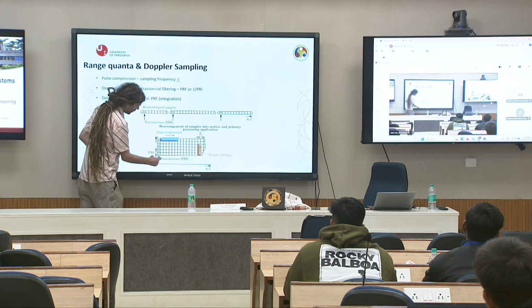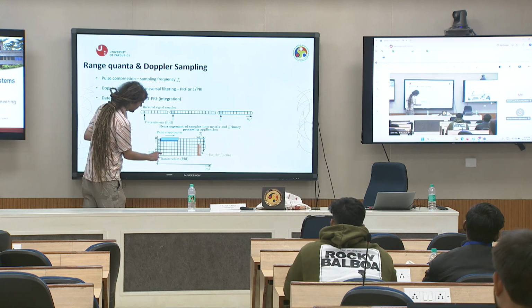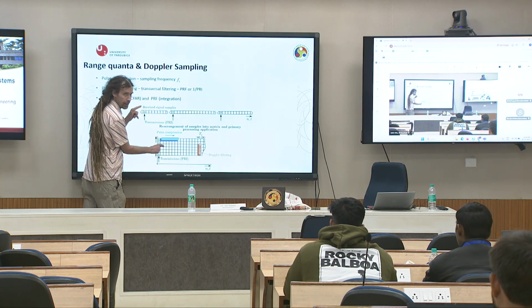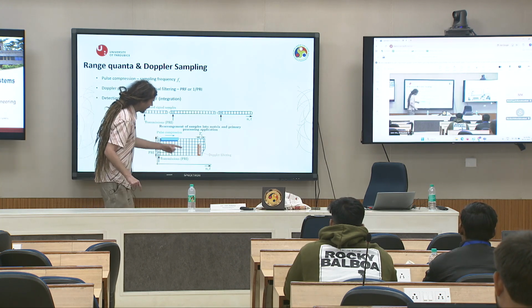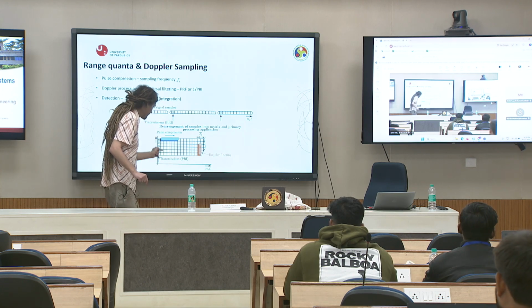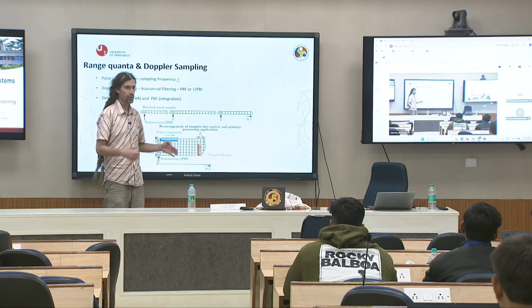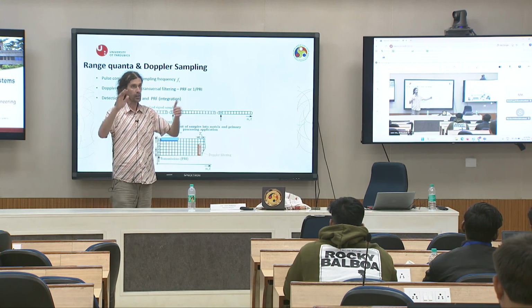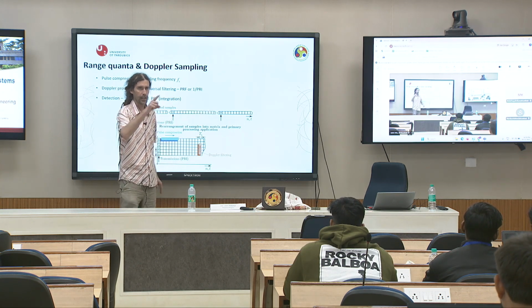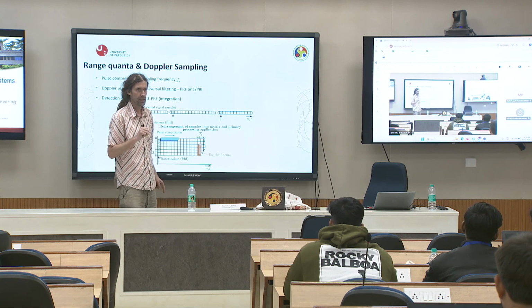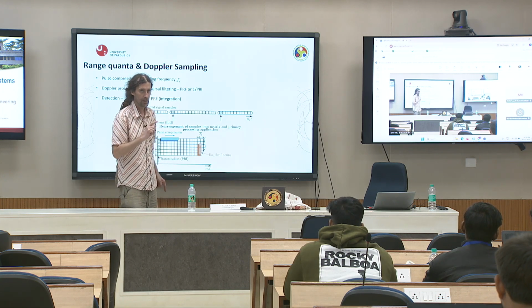And make a matrix. So this corresponds to the first sample of the first PRI, the first sample of the second PRI, and so on and so on. And then I will always take this column. And how many values will be there? If it's 1000 PRIs, 1000 samples, and I can compute the spectrum by FFT.